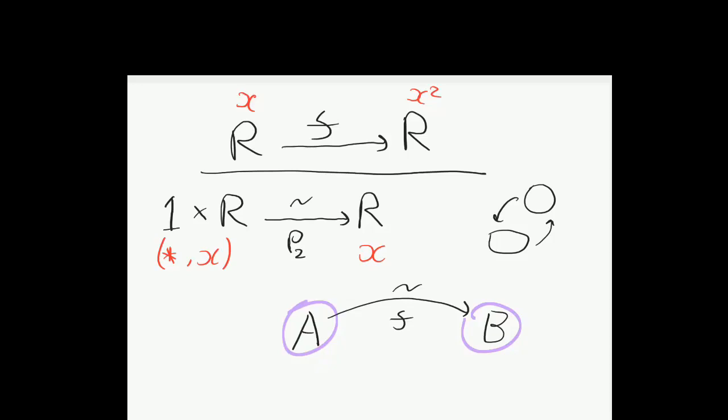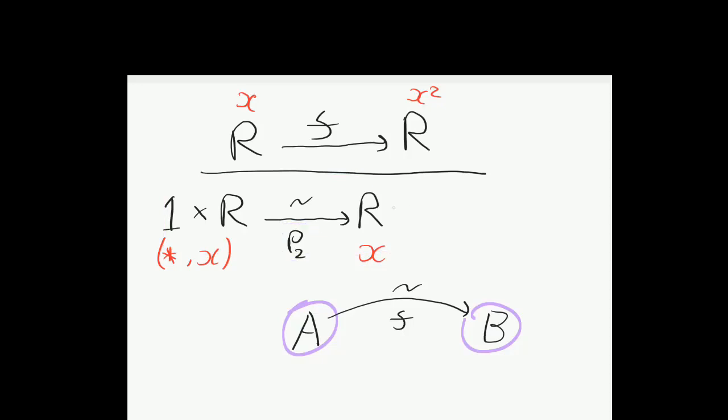But usually when we're thinking about data structures involving functions and whatnot, when two spaces are isomorphic, it usually means that they're similar enough that we can disregard the differences. So basically what I'm indicating here is that a space R is isomorphic to this space 1 times R, and this second projection here is giving us our isomorphism.